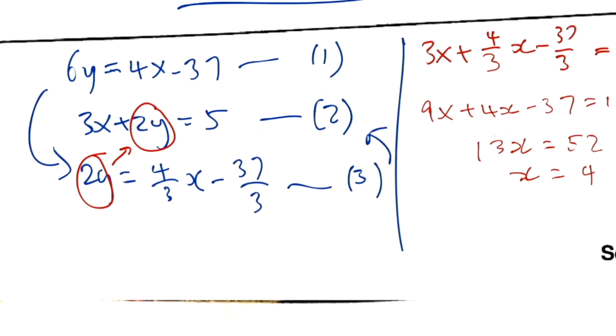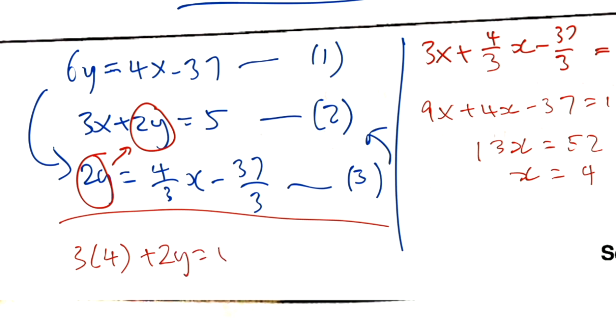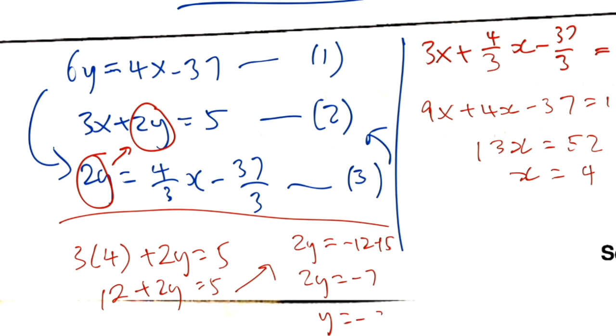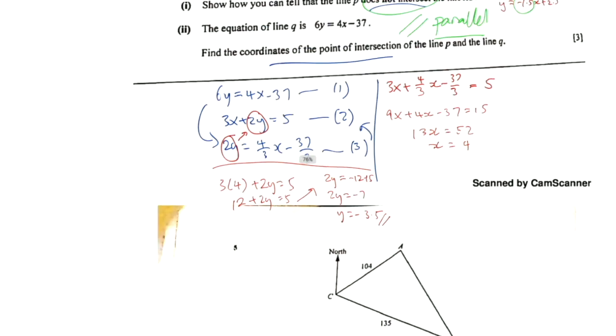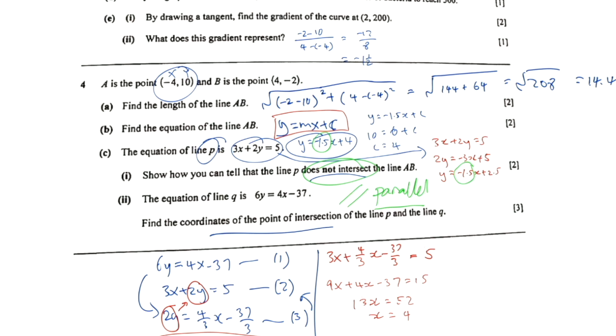So let's say we put into 2. So 3 times 4 plus 2y equals to 5. Okay, so y equals to -2. Alright, so this is the simultaneous equation. That's 3 marks. Okay, so this question also quite okay. Not too difficult to score.